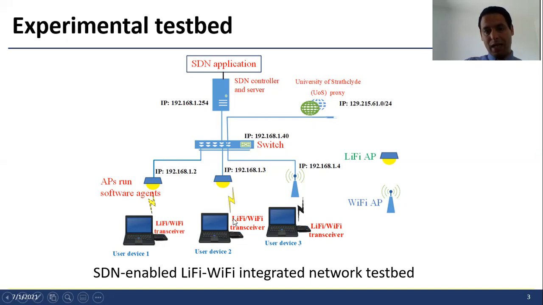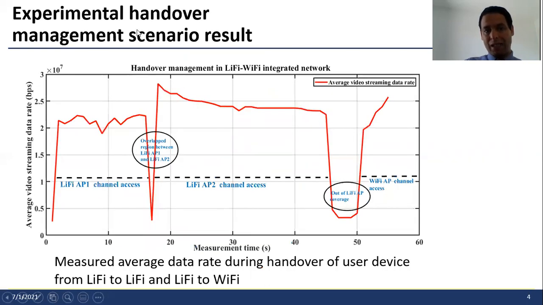This test bed has allowed us to realize the experimental handover management scenario where we can see a user moving from LiFi access point 1 to LiFi access point 2, and then from LiFi access point 2 to a Wi-Fi access point, over 1 minute.